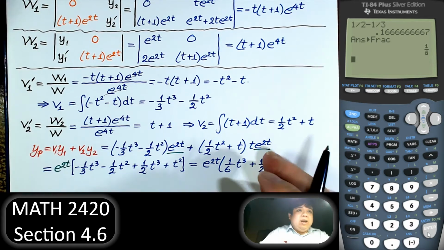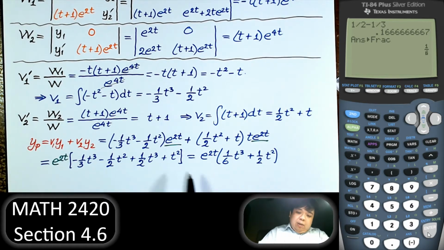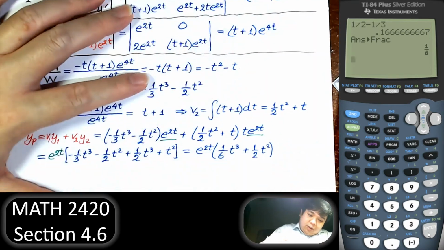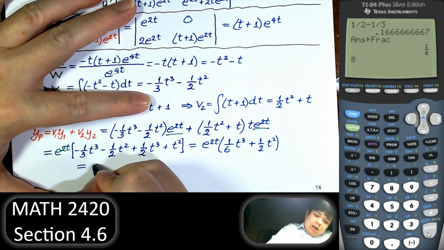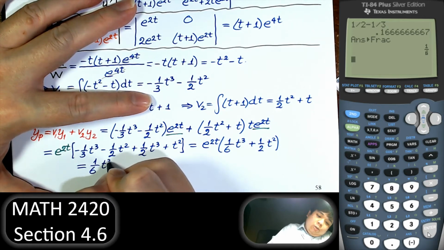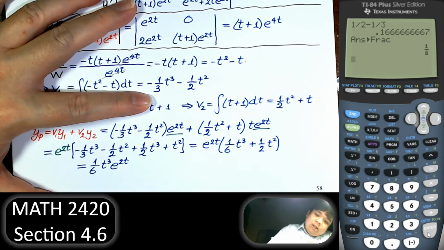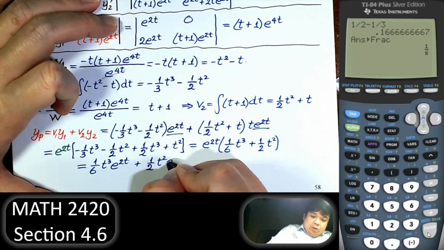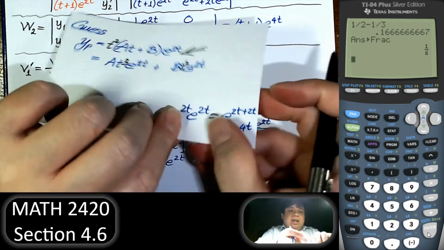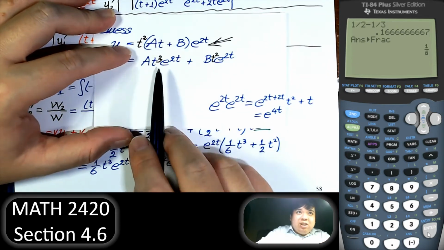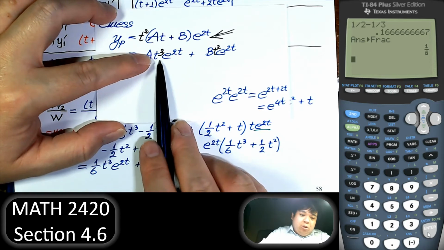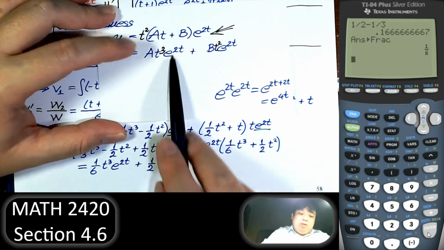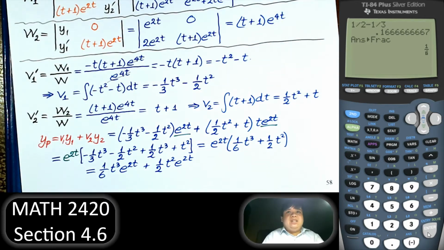Now, of course, I will multiply this out. So that equals 1 over 6 t cubed e to the 2t plus 1/2 t squared e to the 2t. Now, we guessed the solution in this form, right? Something times t cubed e to the 2t and something times t squared e to the 2t. So we guessed in this form, and that's exactly the form that we get.